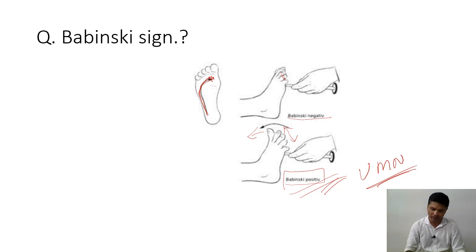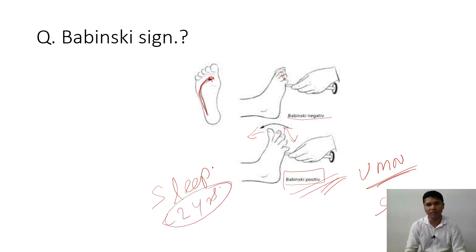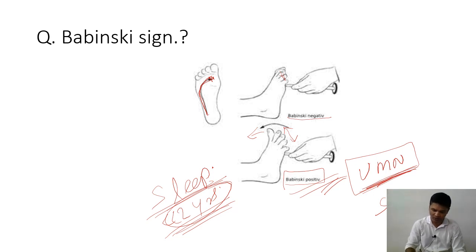Physiologically you may get it in deep sleep and in children less than 2 years, because myelination is not completed at that point of time. I don't have options here, but these are the important points you should know.